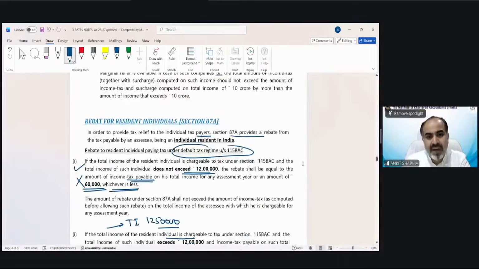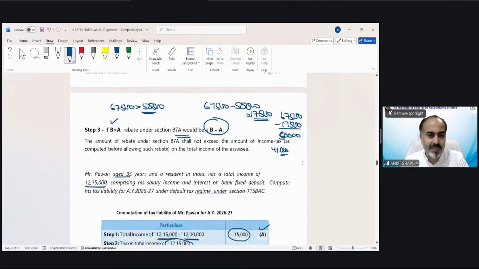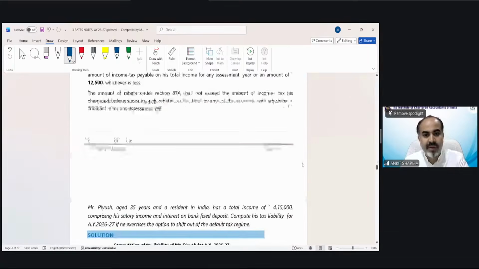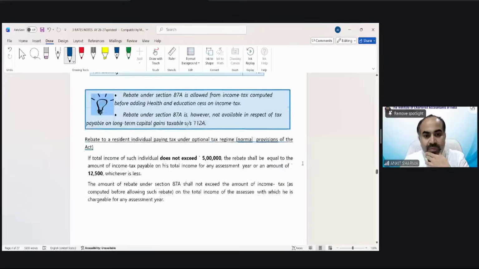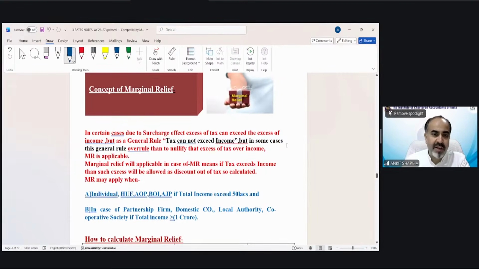So for the company provisions and rates, you need to just go through it, not for calculation purposes, just for your reading purposes. Okay. So these provisions we have discussed. Now we are left with two important concepts: marginal relief and surcharge. These detailed surcharge provisions and marginal relief we will discuss in the next class.